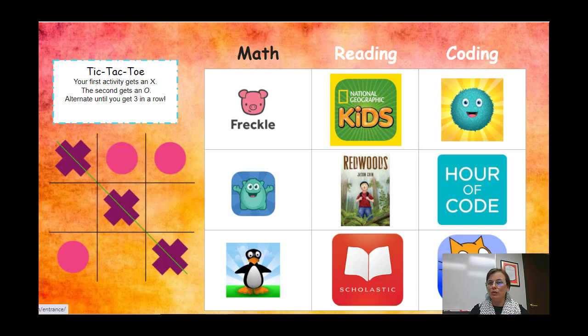So this one goes over 3 different subject areas, or I may put something that I want really all my students to have access to and hopefully interact with in strategic spots based on wanting them to get a tic-tac-toe.